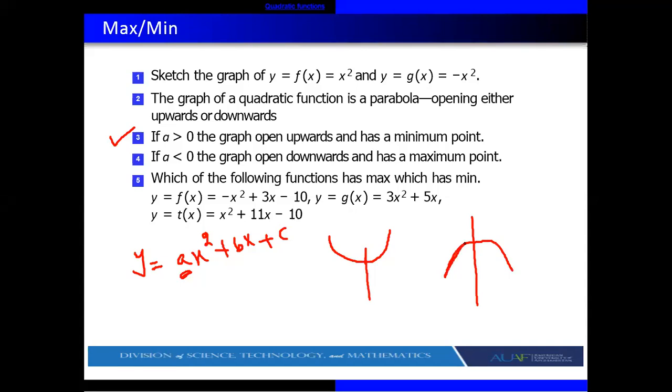So when parabola open upward like this one, actually these points are called what? These points are called minimum point. When parabola open downward, so these are called actually maximum point.